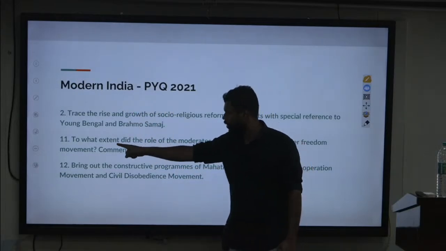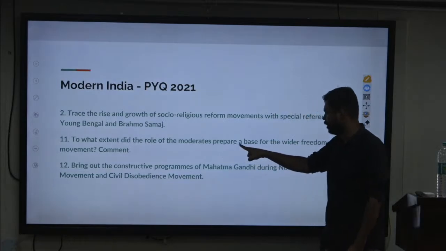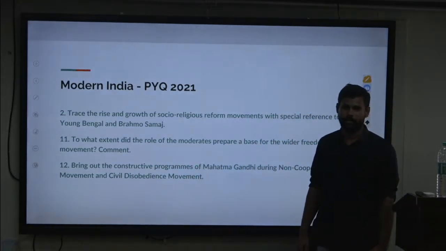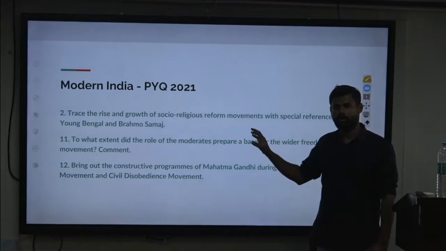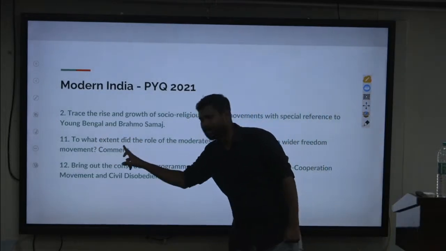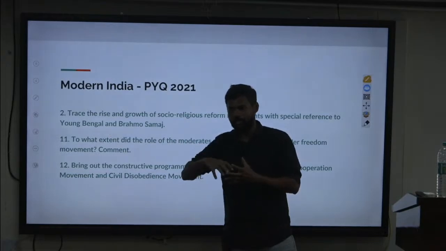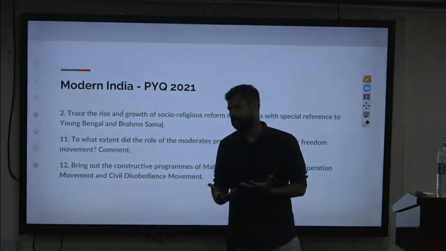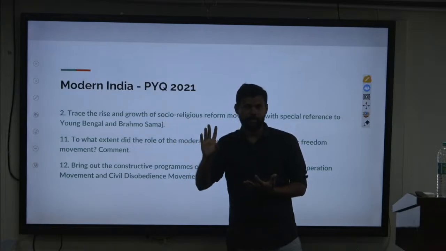Next: To what extent did the role of moderates prepare the base for the wider freedom movement? Comment. Very direct question on moderates. They are asking to what extent, so yes, you have to give the good things that they did. You also have to give the drawbacks. And never use the word "negatives", not in your answer, not even when you are studying.